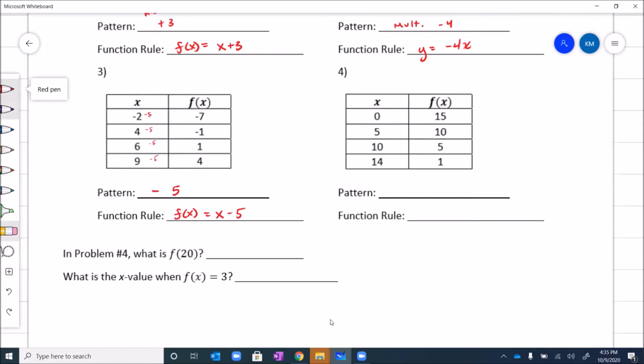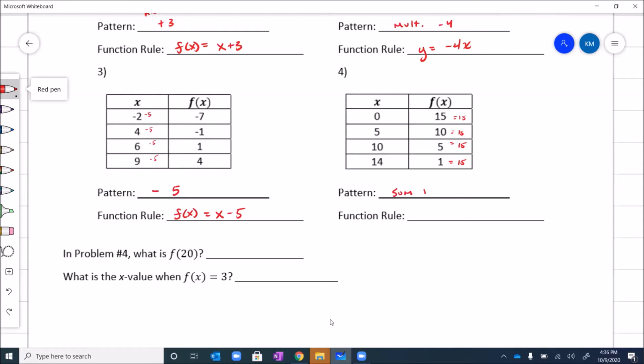Multiplying by 2 doesn't work, dividing by 2, it's all different. So as I look at these, I ask what is happening each time. You have to think a little differently each time. When I look at this, 0 plus 15 is 15. 5 plus 10 is 15. 10 plus 5 is 15. 14 plus 1 is 15. All of these add up to 15. How can I make that into a function rule?